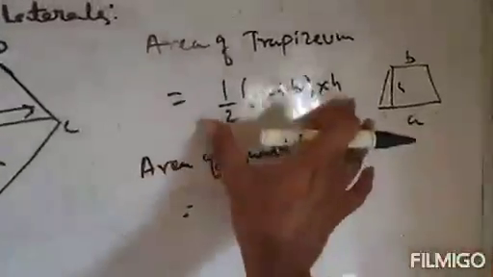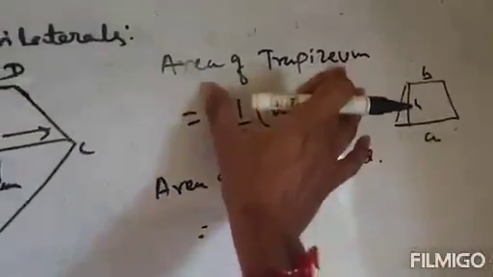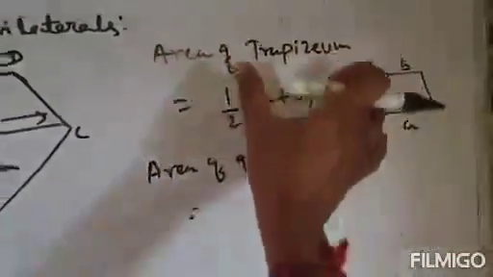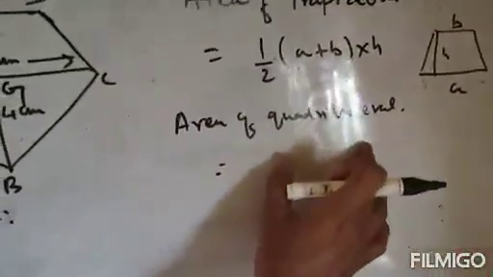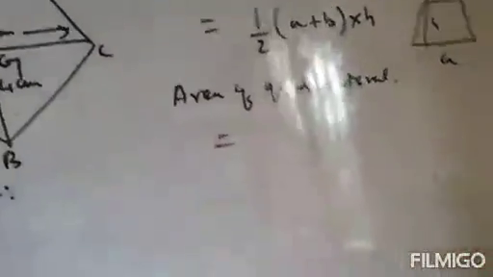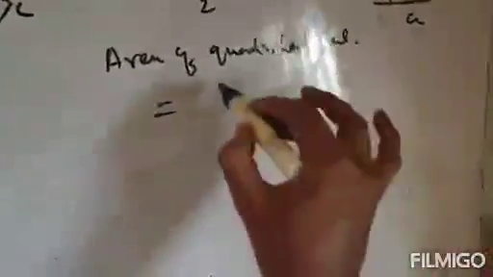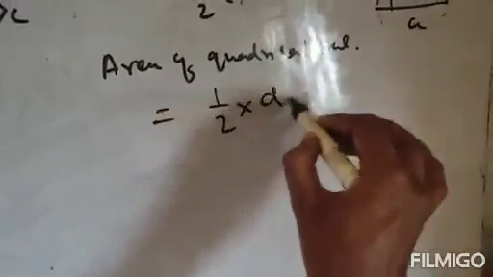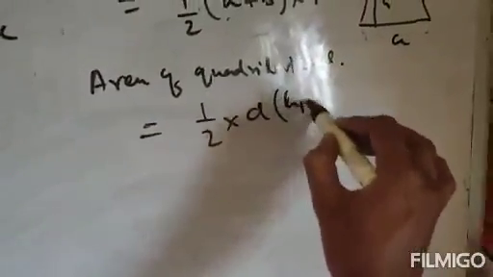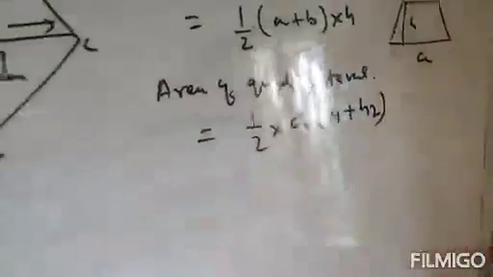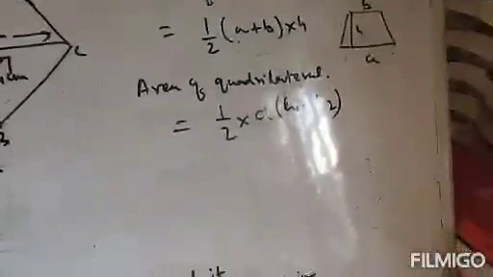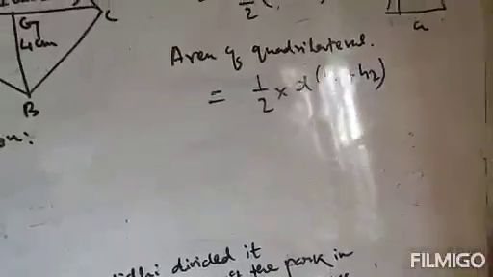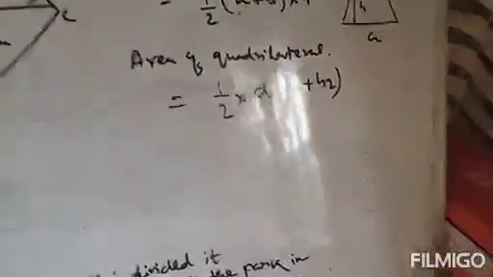But there is a formula specially for finding the area of a trapezium, and except for the trapezium, for other quadrilaterals we will use this formula. Clear? So the area of a quadrilateral is 1 by 2 into the diagonal into the sum of altitudes, or sum of heights.